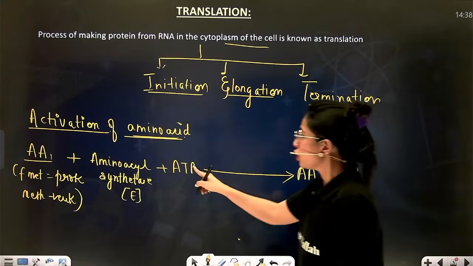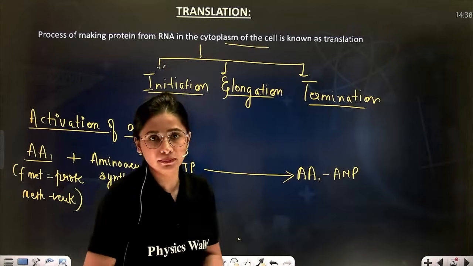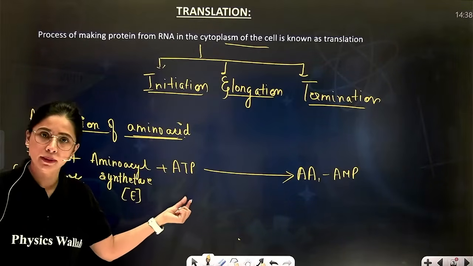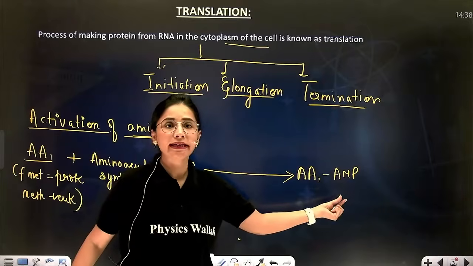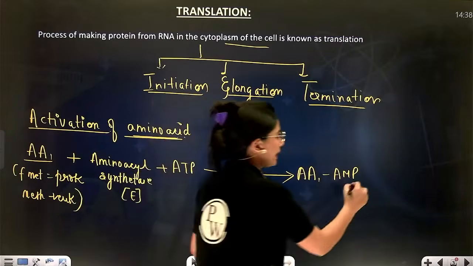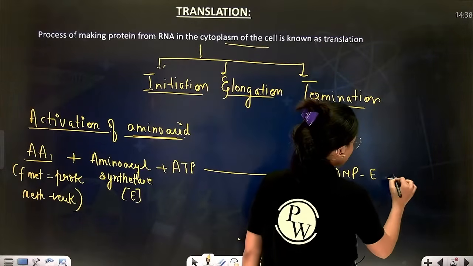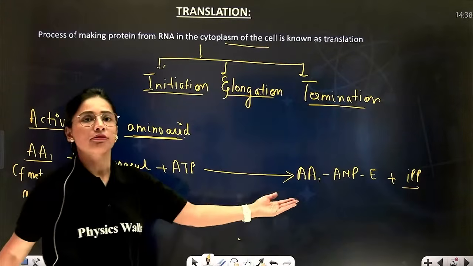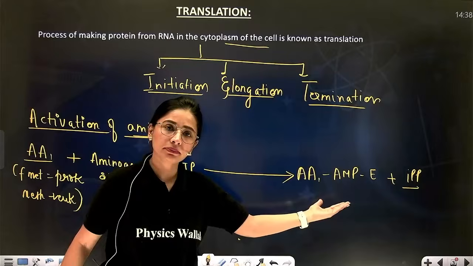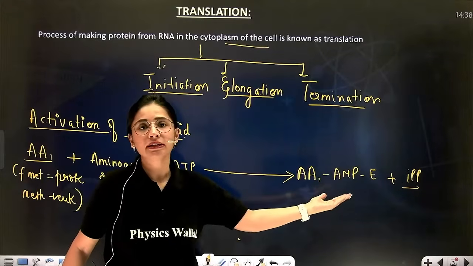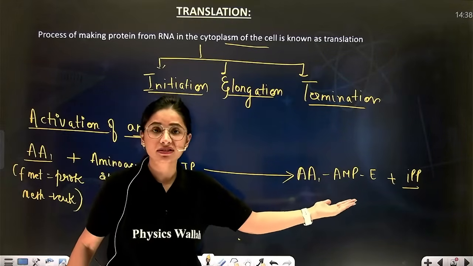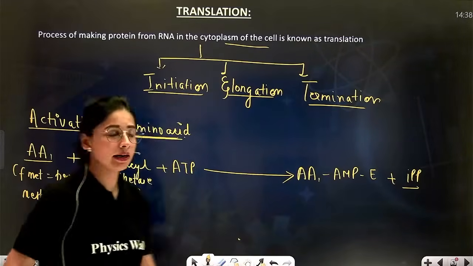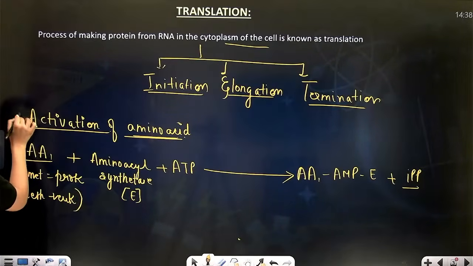That means two phosphate bonds of adenosine triphosphate break down to produce adenosine monophosphate. Enzyme E gets attached and inorganic pyrophosphate is released. Now this is the activated form of amino acid, which will be transferred to the specific tRNA in order to activate that tRNA also. So this is the first step.